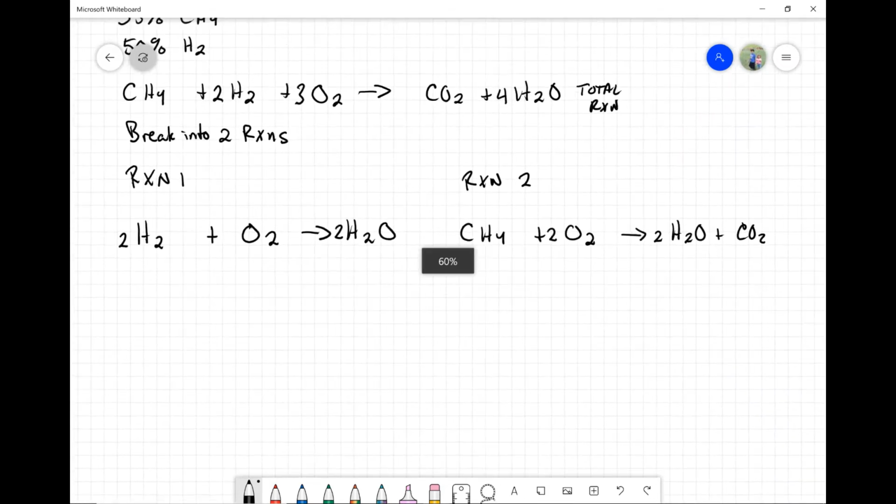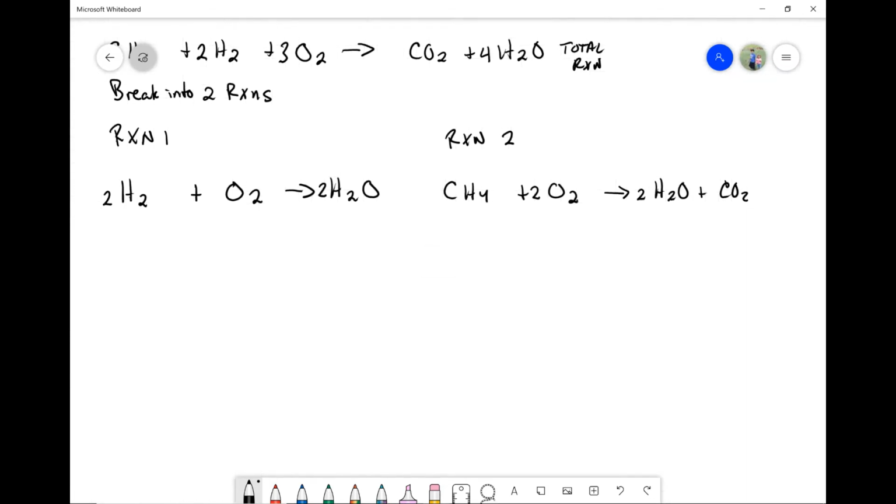All right, so we have these 2 reactions. They're balanced, which is important, and so we need to figure out the O2 from each reaction.